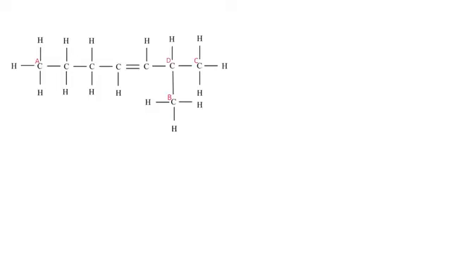So when I'm considering the longest chain, I can go from A and take a turn at D and go to B, or from A to C, which would be a straight chain. So when I go from A and take a turn at D and go to B, how many carbon atoms do I get?